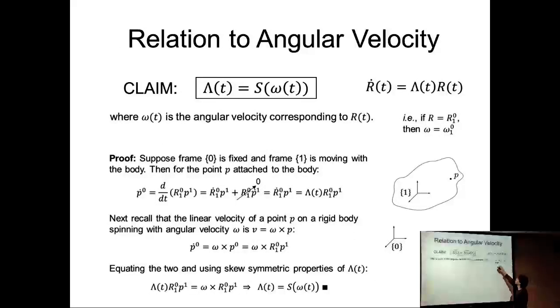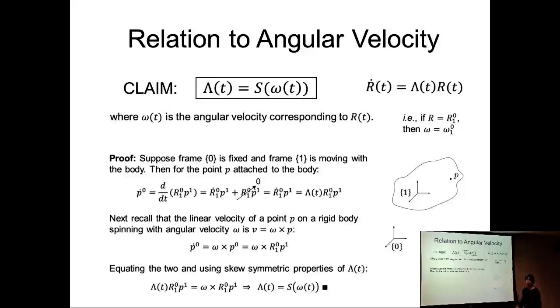Now that we've shown the derivative of a rotation matrix is a skew-symmetric matrix times that rotation matrix, what we want to show is that the skew-symmetric matrix is actually a function of the angular velocity of the motion that the rigid body is experiencing. So let's suppose we have a fixed frame, frame 0, and we have a moving frame, frame 1. Frame 1 is rigidly attached to this rigid body.